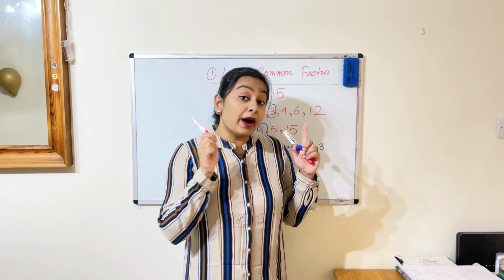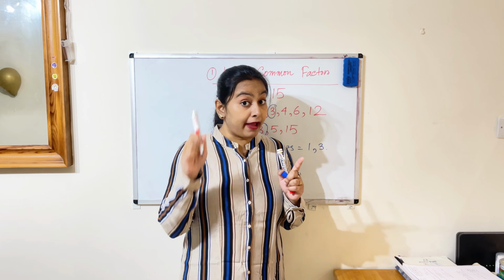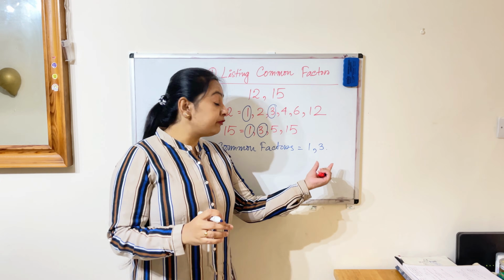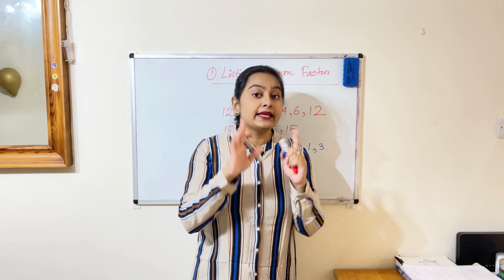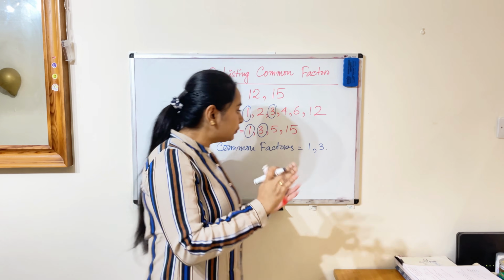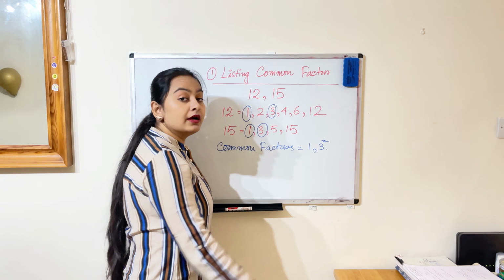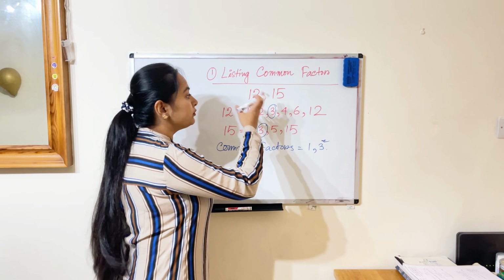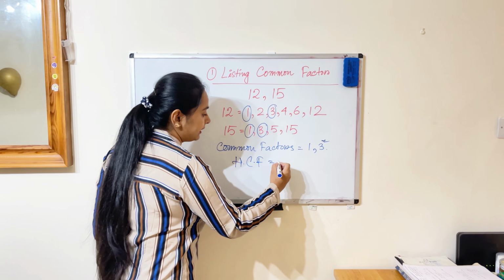But what was the name of it? HCF, highest common factor. We have found the common factors, but we have to find the highest one, or the greatest one. So which one is the greatest among them? 3 is the greatest among them. So 3 is the HCF of 12 and 15. So the HCF of 12 and 15 is 3.